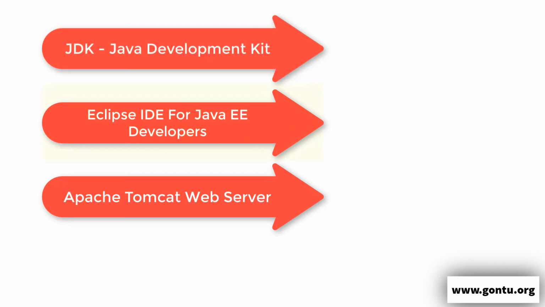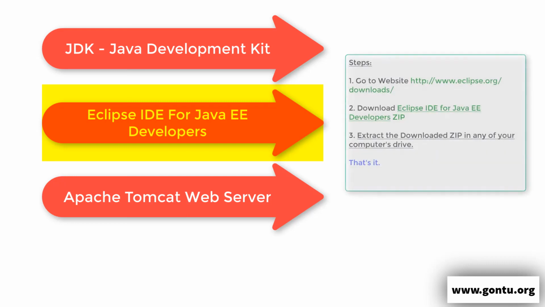Now, the second one is Eclipse IDE. I'm going to make use of the Eclipse integrated development environment in this Servlets JSPs series of tutorials while showing you all the demos. And if you are also going to use Eclipse IDE while practicing along with me, then you've got to follow these simple steps to download and install it in your computer.